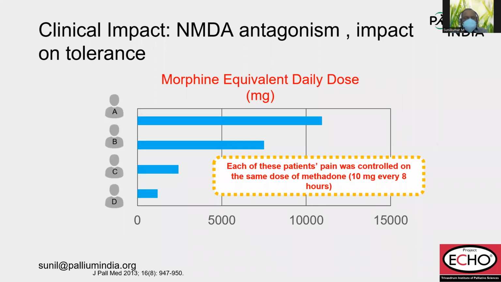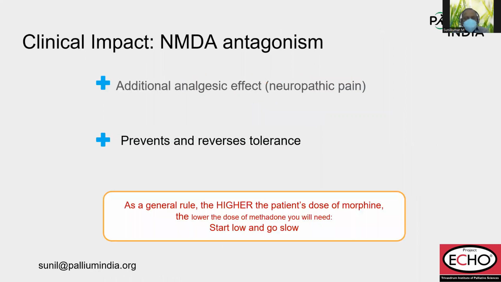That indicates that methadone blocks NMDA receptors, or it acts as an NMDA antagonist, which can prevent and reverse the tolerance. So that's one of the good effects to treat tolerance. And you also know that NMDA antagonists are medications which are useful to treat neuropathic pain. Okay. So these are the two good effects because of the NMDA antagonistic property of methadone.